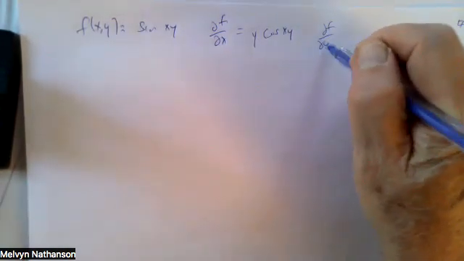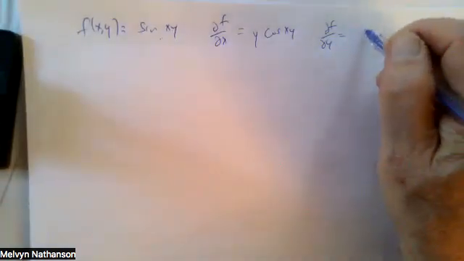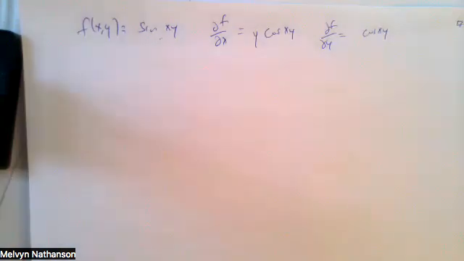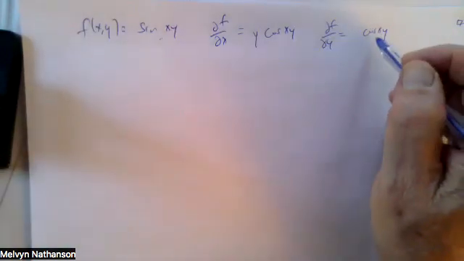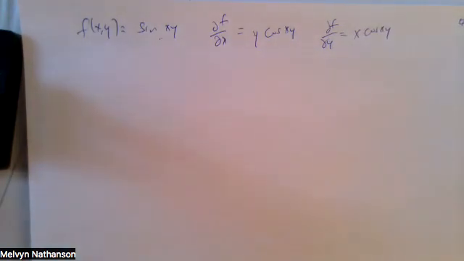And the partial of f with respect to y, you differentiate this with respect to y, you get the cosine of xy times the derivative of xy with respect to y, which is x. Right?